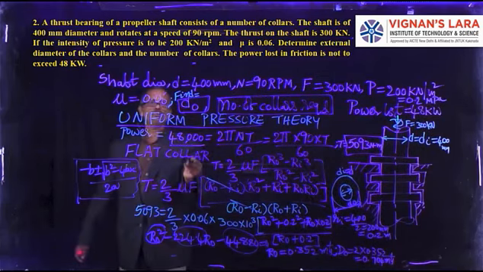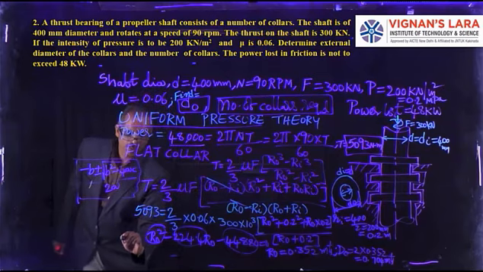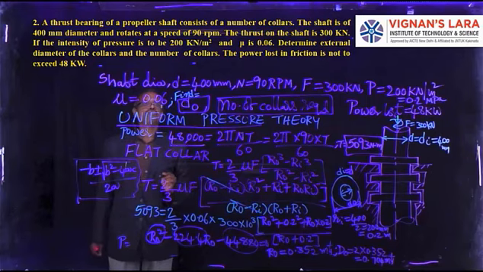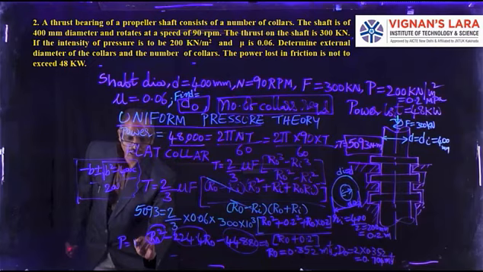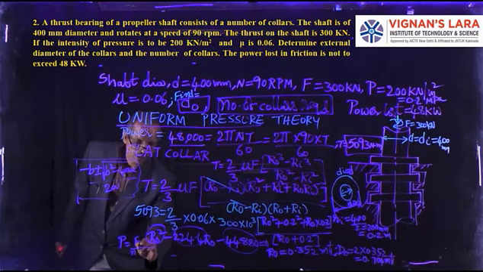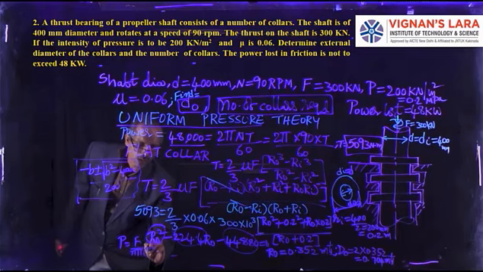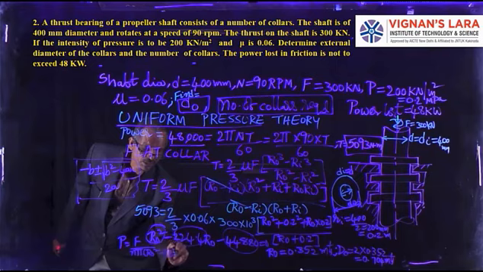So the pressure equation we have, in case of uniform pressure theory, P is equal to F by N times pi into R naught square minus Ri square.